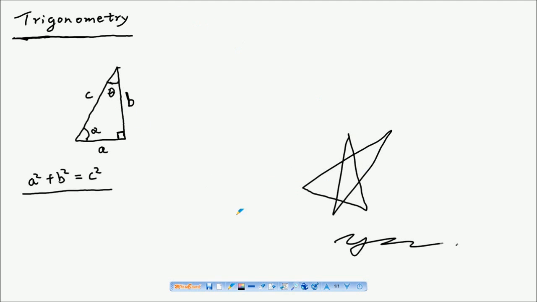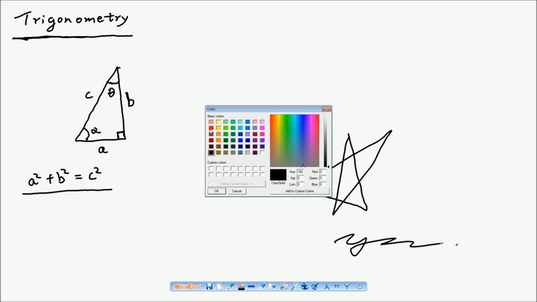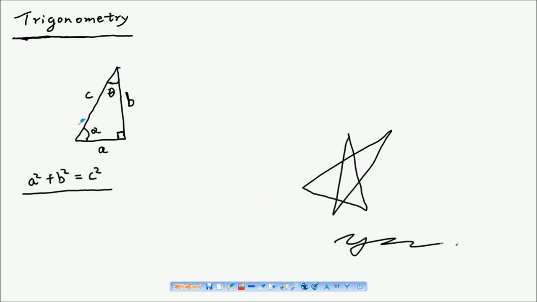The hypotenuse of a triangle is always the longest line in a right angle triangle, which is always opposite to the right angle.